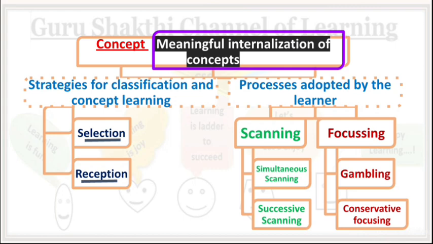The learner has to study about it in order to learn something in depth related to it. In both these scenarios, the learner has to be actively involved and make meaning out of it.